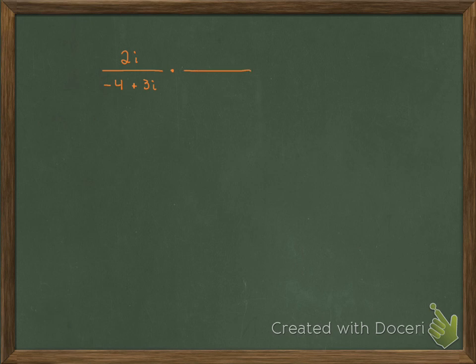So what we're doing is we're multiplying by the conjugate of the denominator, because that's where our imaginary is, and we don't want it there. So the conjugate of -4 plus 3i is -4 minus 3i. And then we will do the distribution.